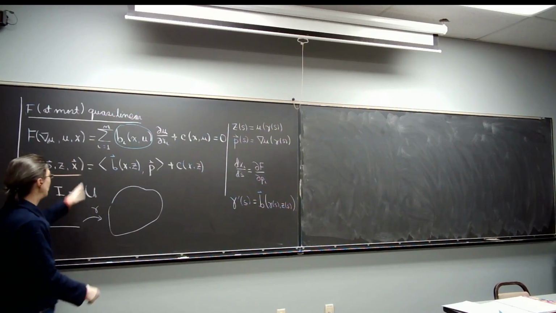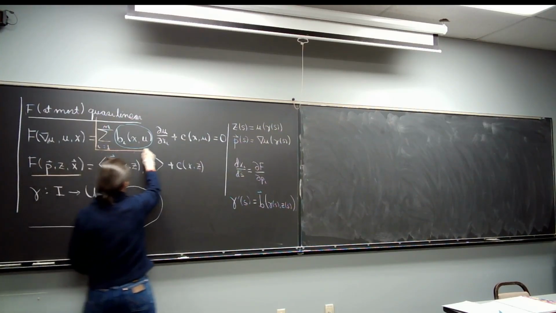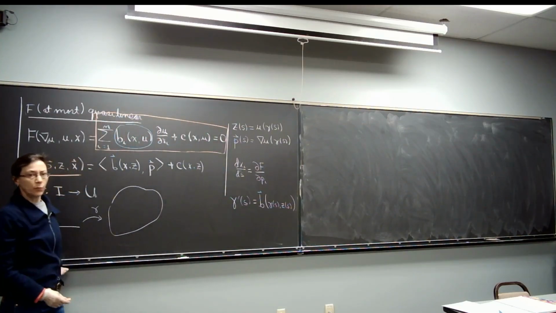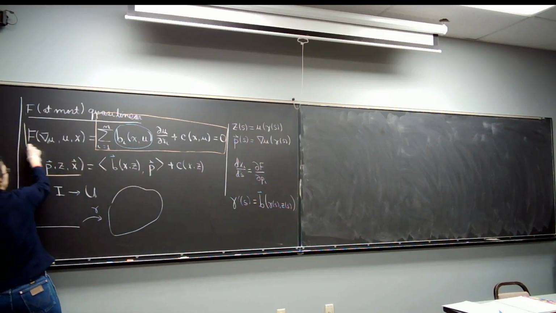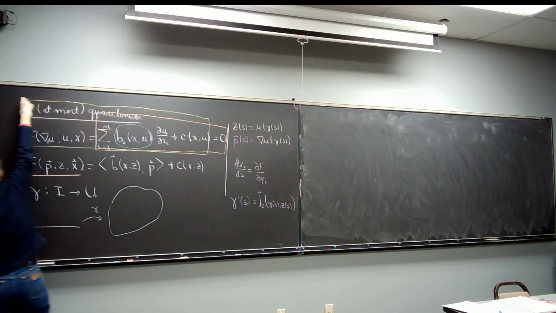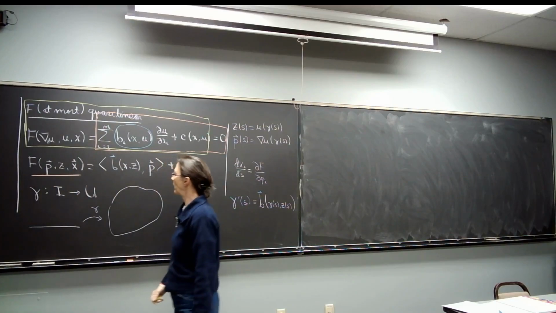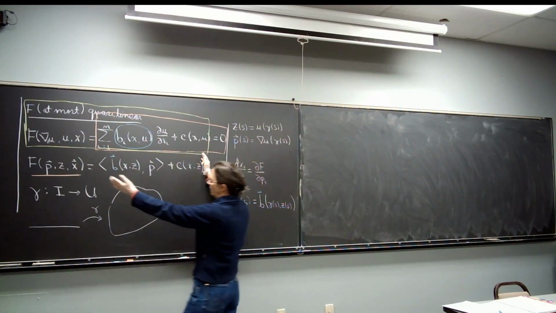I kind of made a mistake here. Look, this is the equation. That's the equation we want to solve. This is f. That's f of x, u, and gradient of u, the first order partial derivatives.